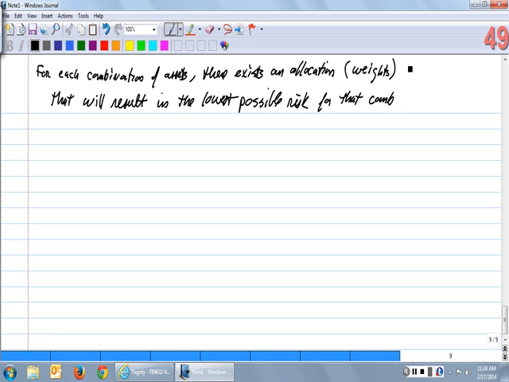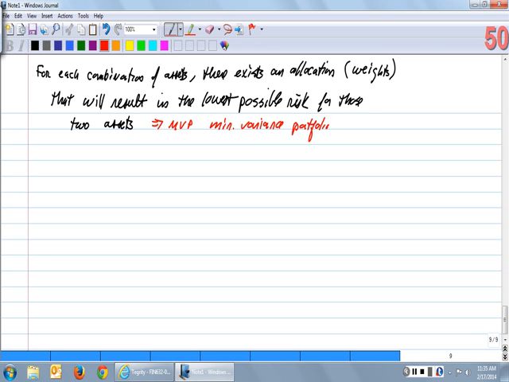Let me start with those two assets. Okay, and this is referred to as the MVP, which is the minimum variance portfolio.